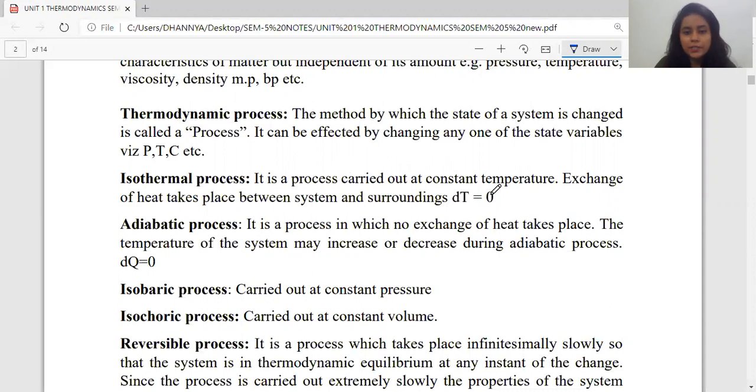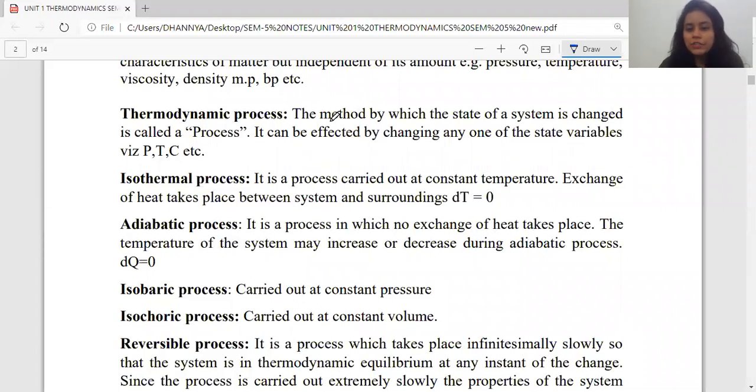the thermodynamic study. Now, let's quickly understand that any method involving the state of the system, where that state of the system is going to be changed, that type of study is called the thermodynamic processes.